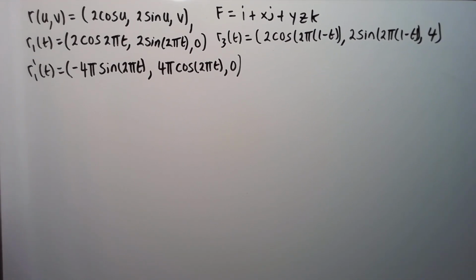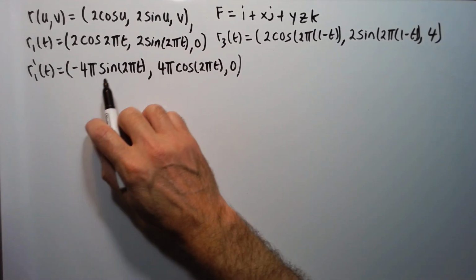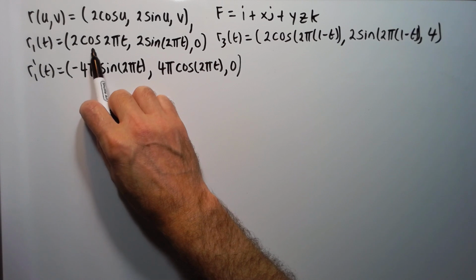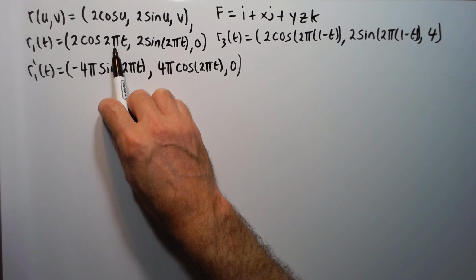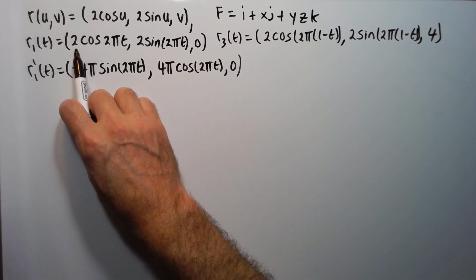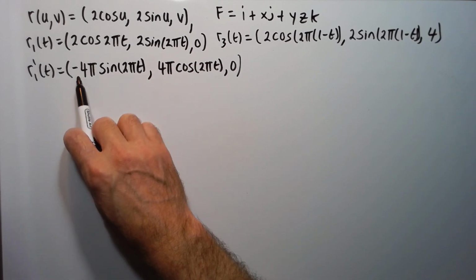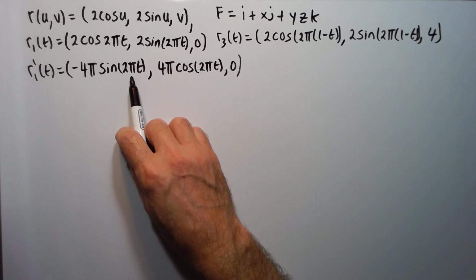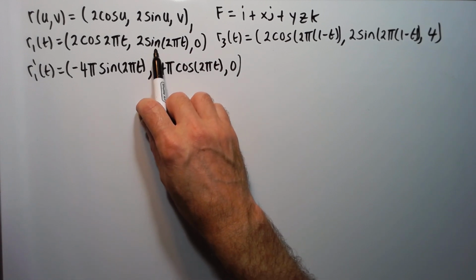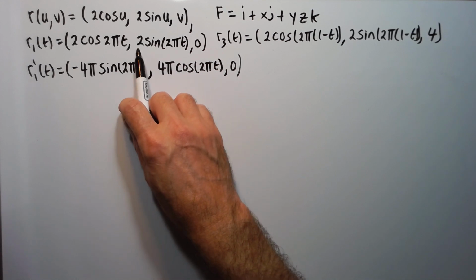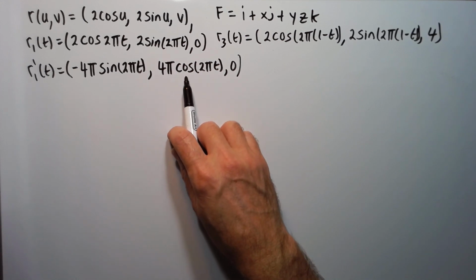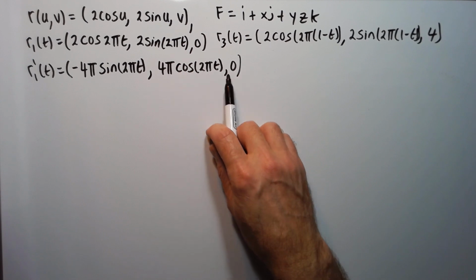Taking the derivative, the derivative of cosine is minus sine, but then you have to do the derivative of the inside, which is 2 pi, and 2 pi times 2 is 4 pi, so that'll be minus 4 pi sine 2 pi t. Then the derivative of sine is cosine, the derivative of the inside is 2 pi, so 2 pi times 2 would be 4 pi, so it'd be 4 pi cosine 2 pi t, 0.